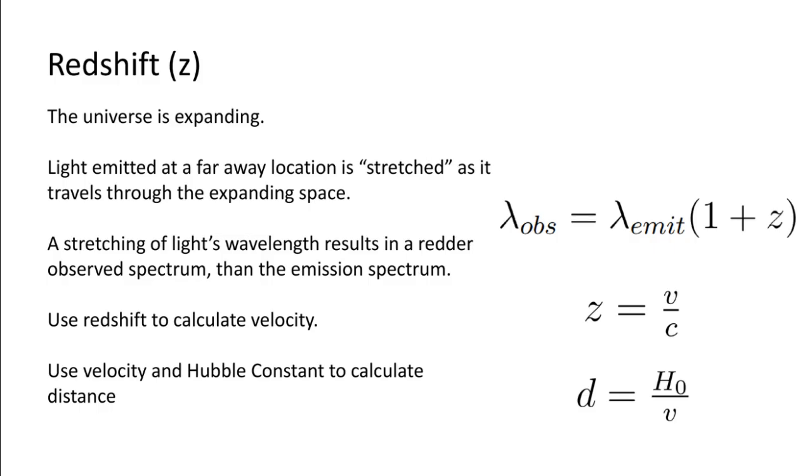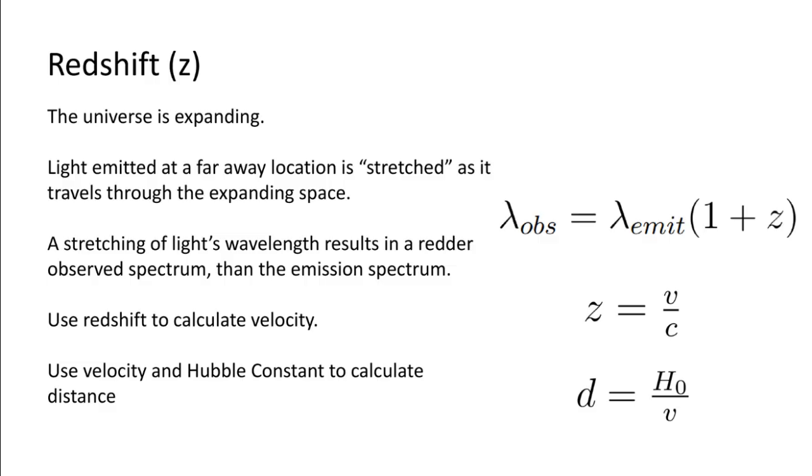And so this idea of using the amount of redshift to talk about a distance is what is on this slide. So as the observer, we're going to observe some wavelength of light. That light might have been emitted at a different wavelength, and so using this equation, we can calculate how much the light has been stretched by.